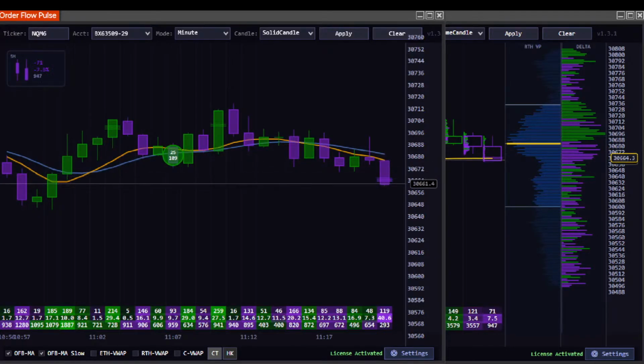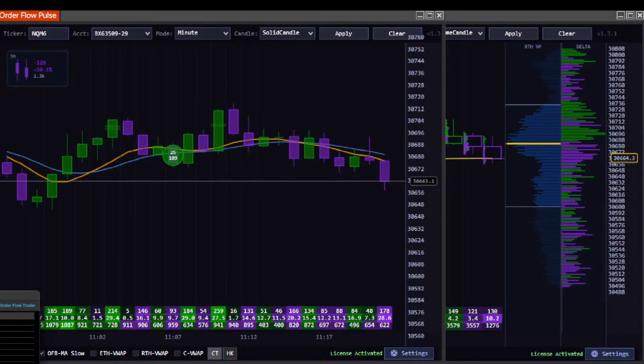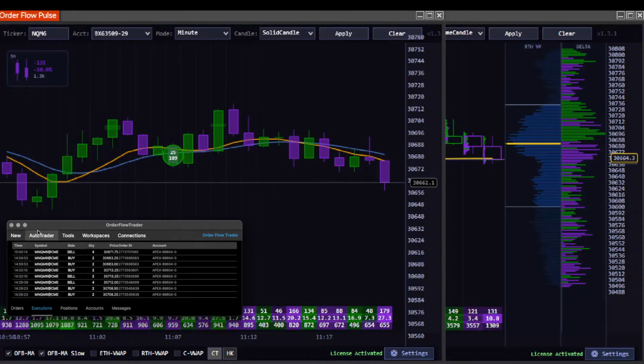I'm gonna be explaining all of this, but what I do want to show people is an MNQ trade. These are all the trades that my HFT took.